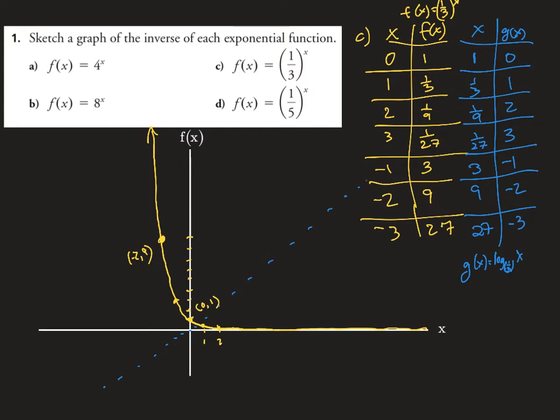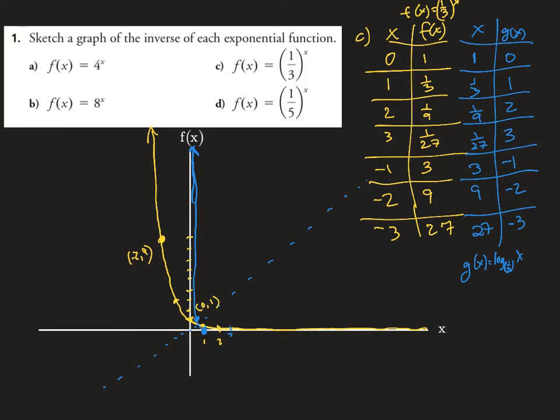So we're going to go 1, 0 is right here. 1/3, which is right here, comma 1. It's going to be right here. And as we get closer and closer to 0, we're going to get higher and higher. Like that. And on the other side, it's going to cross.